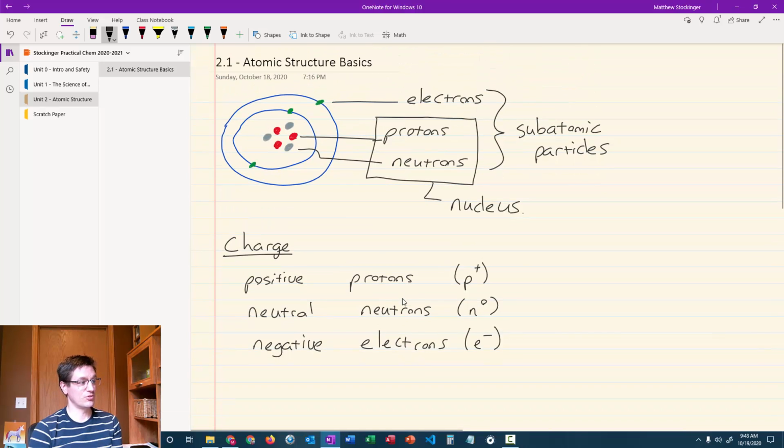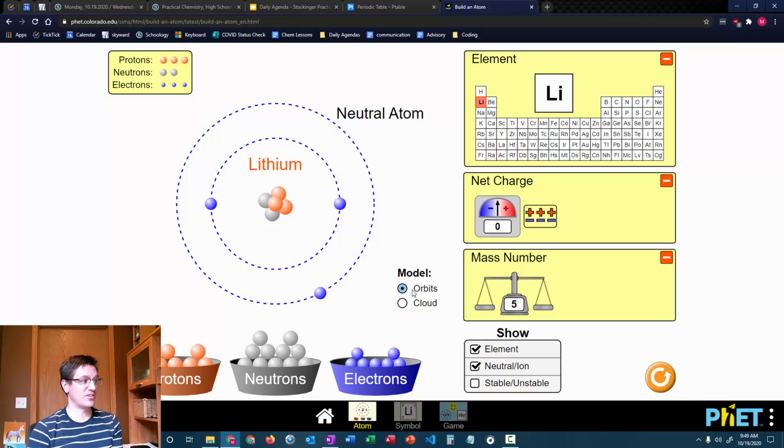Now it's important to note that in an element, in an elemental substance, these elements are neutral. Okay? The number of protons equals the number of electrons. So here in our lithium atom, we have 3 positive protons, and you can see that over in the net charge box, 3 pluses. And we have 3 minus charges for the electrons.